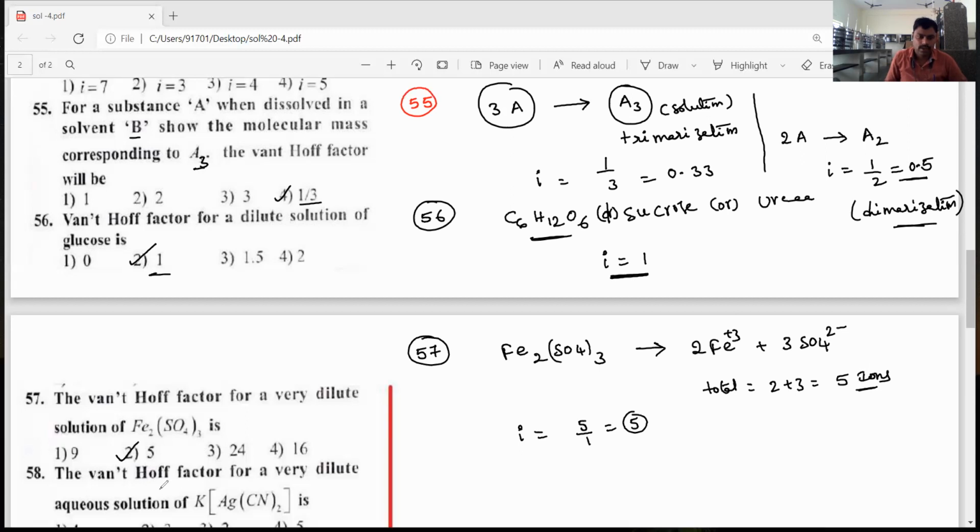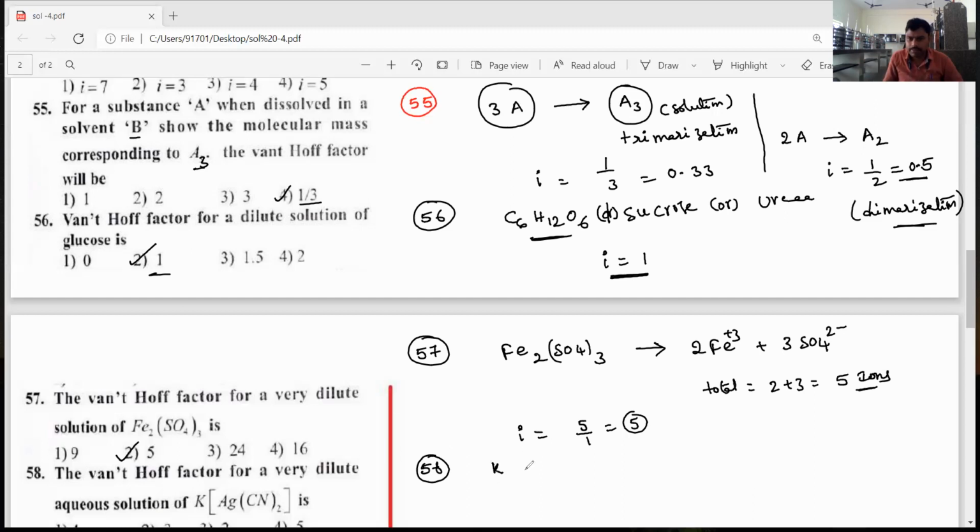Okay, dear students. Now let's see the 58th question in the same way. The Van 't Hoff factor for very dilute solution of K[Ag(CN)2], a complex compound. For a complex compound, you have to imagine which central atoms or ligands are present in the square bracket; they cannot be ionized. Only outside the square brackets will they be ionized to produce positive or negative ions.